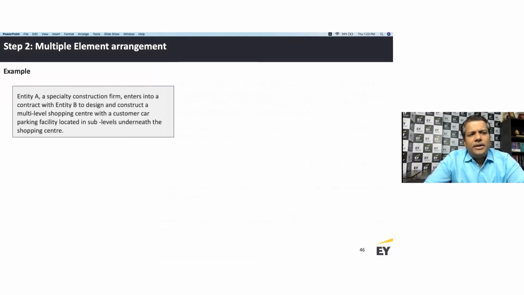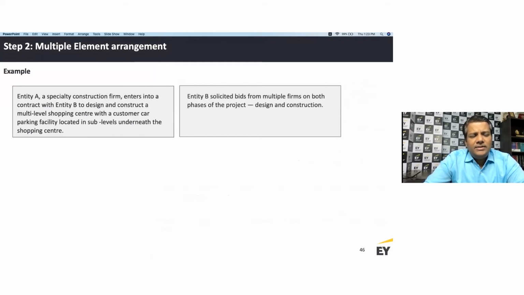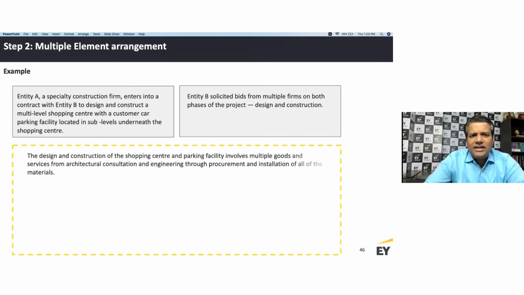In this example, entity A is a construction firm that enters into a contract with entity B to design and construct a multi-level shopping center with a customer car parking facility located in sub-levels underneath the shopping center. Now, entity B solicited bids from multiple firms on both phases of the project, design and construction.